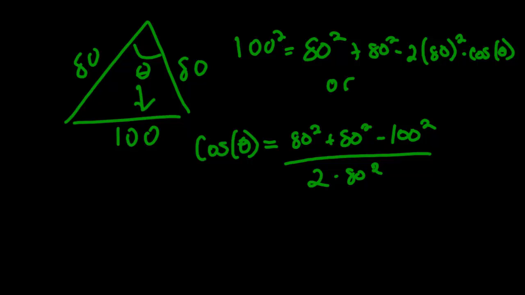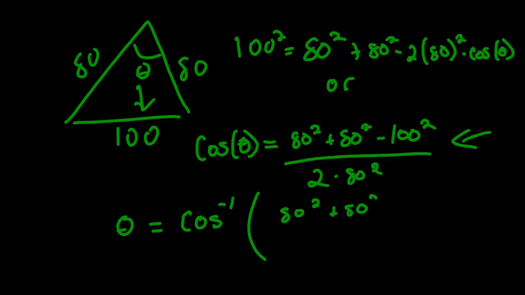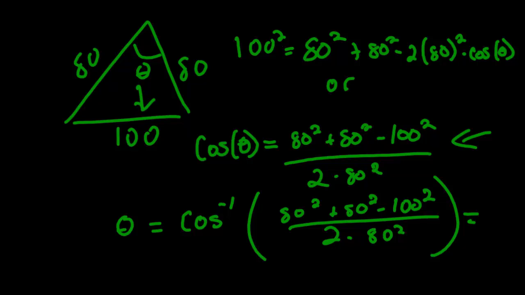Then to find theta, we take the inverse cosine of this quantity. This is equal to 77.36 degrees.